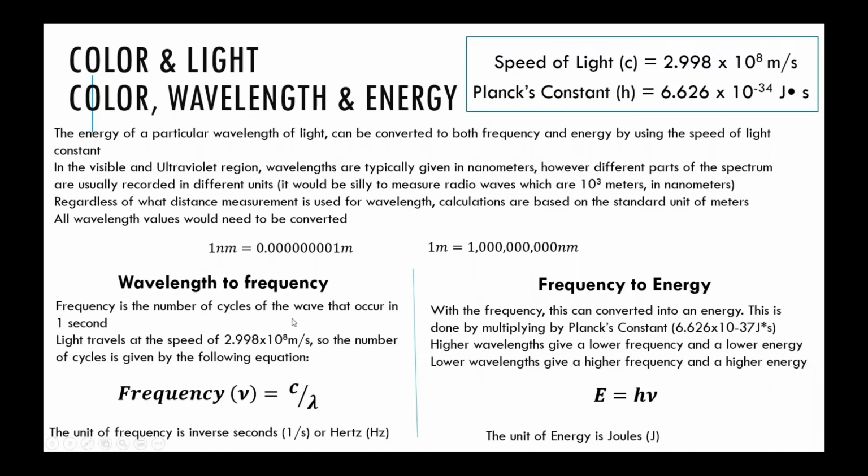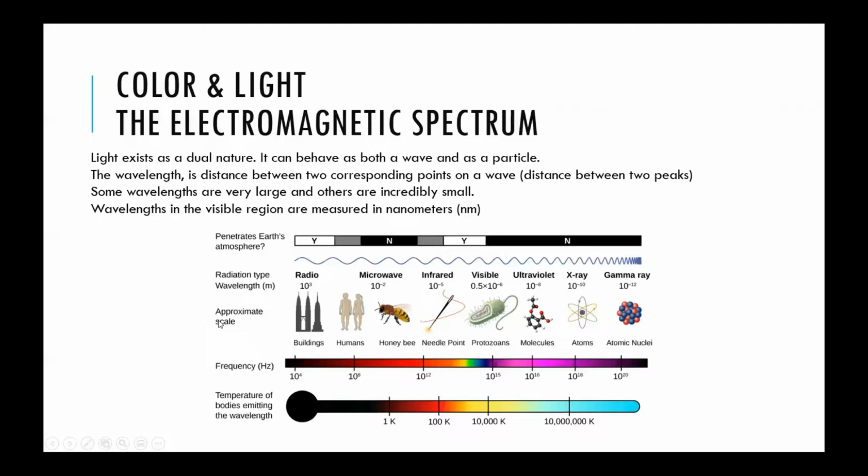And since there is a specific wavelength, an actual length, that can be converted from nanometers into meters, light can then be turned from a wavelength into a frequency. So a frequency is, if you think of a wave, going back to this image right here, how long it takes for it to go through one cycle.